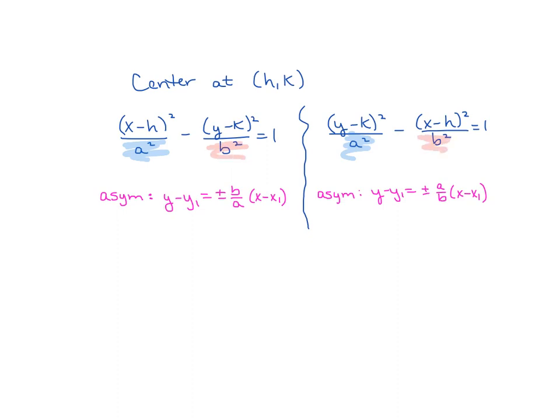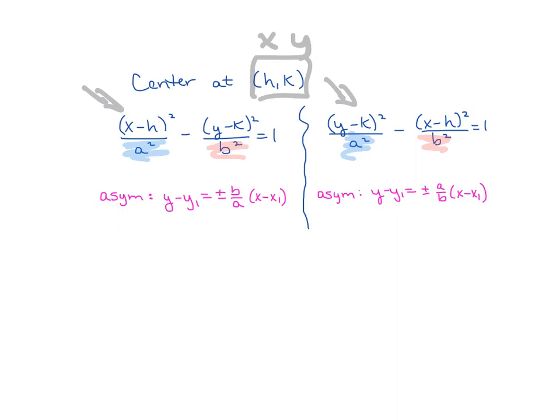It's always set equal to 1. What changes is when x squared is first or y squared is first. And then what we're going to be adding in is this hk value. So the h always goes with x and the k always goes with y.